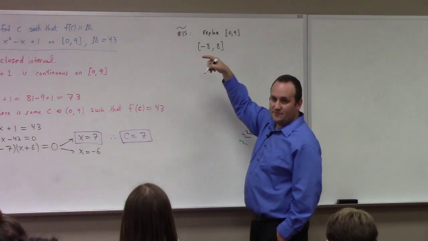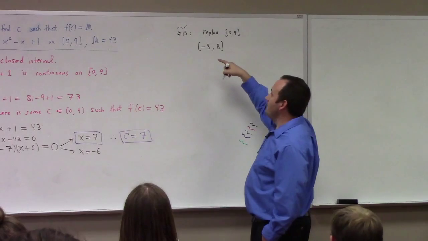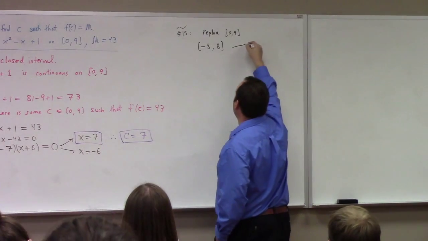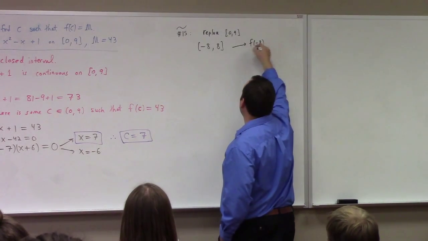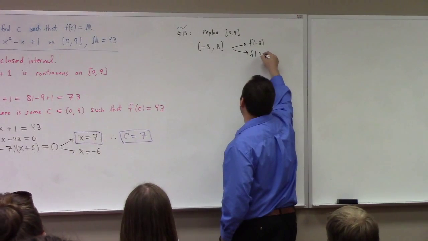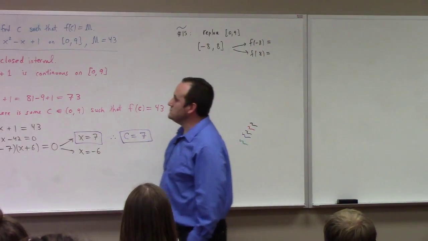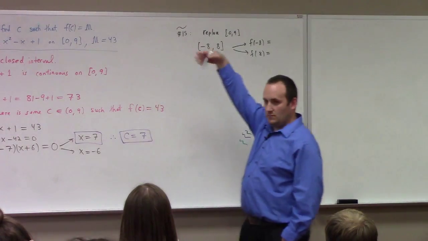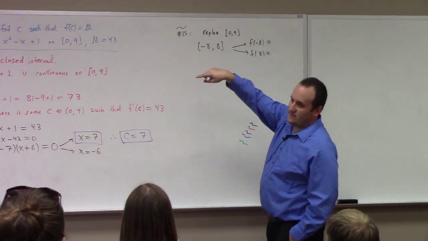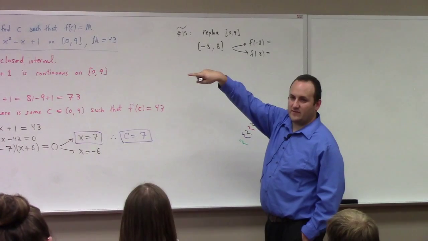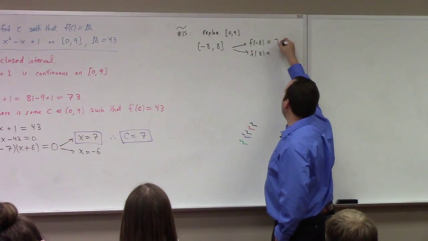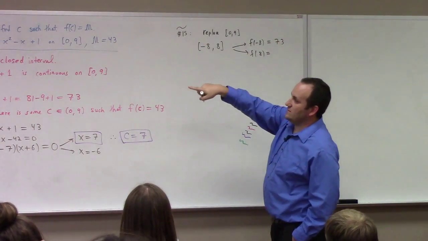If I did this as my interval, then I would check f of minus 8 and f of 8. What would those be? So f of minus 8 is 64, minus of minus 8 is 72, 72 plus 1 is 73. f of 8 is 64.